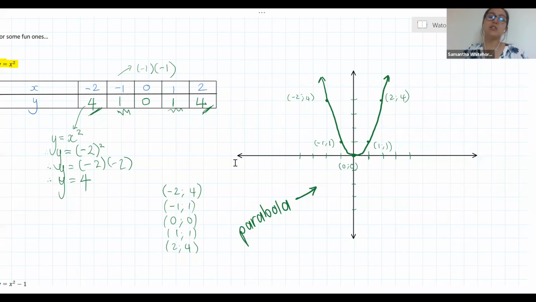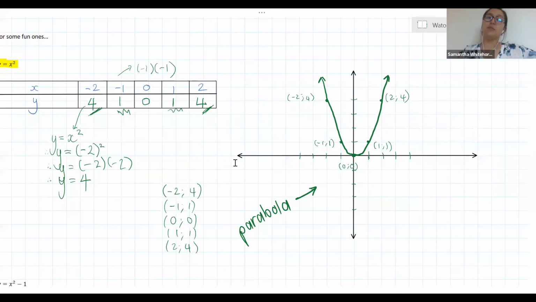So Palesa, it's not a V because a V shape is actually a slightly different graph. It's very much a curve. Most of these graphs that we draw end up not being straight lines, they have a curve to it.